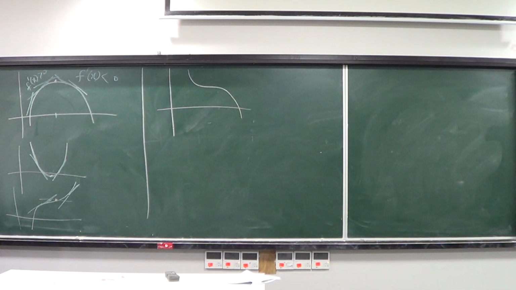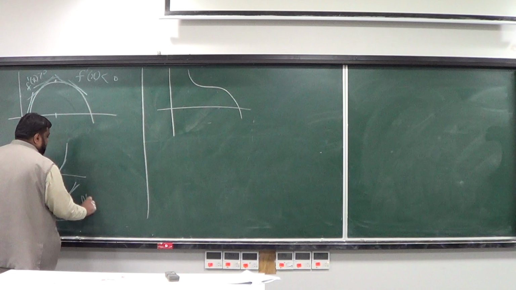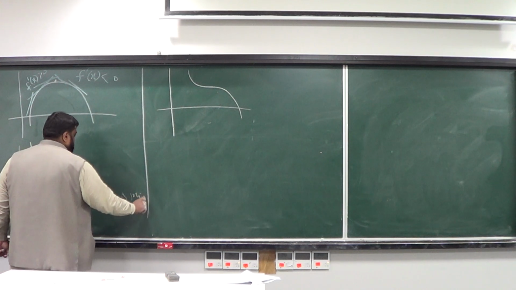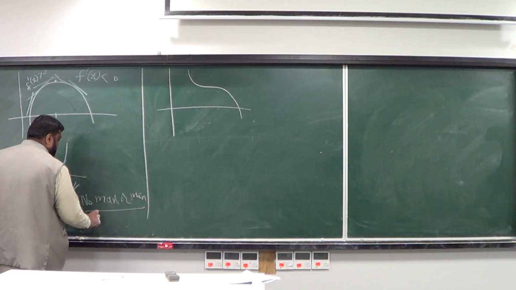So what does it mean? It means before this critical point the function was increasing, and after this critical point the function is still increasing. So this has neither a maximum nor a minimum. This is a point of inflection.